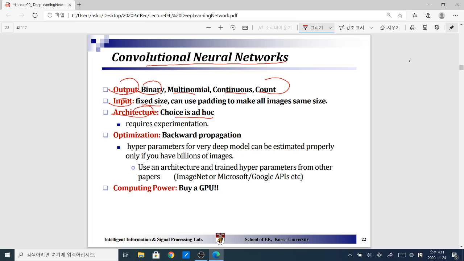So what would be the best architecture? Well, it's going to require going through a number of different experiments to figure out which one actually works the best. How do we then obtain the final parameter values? It is by using the backpropagation.